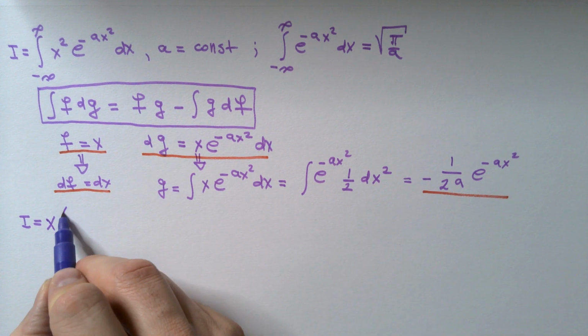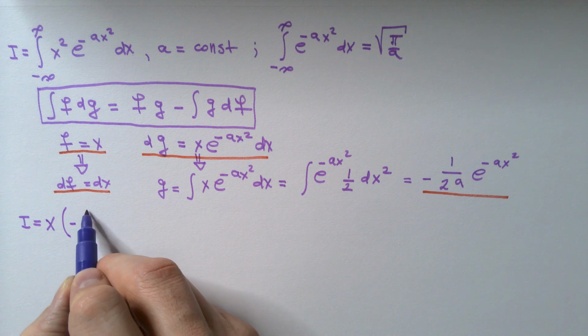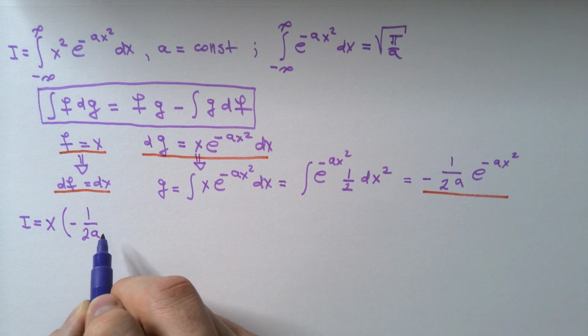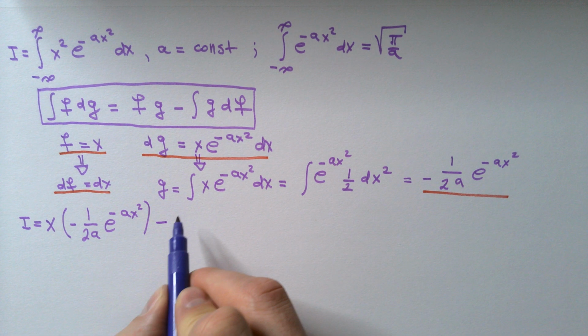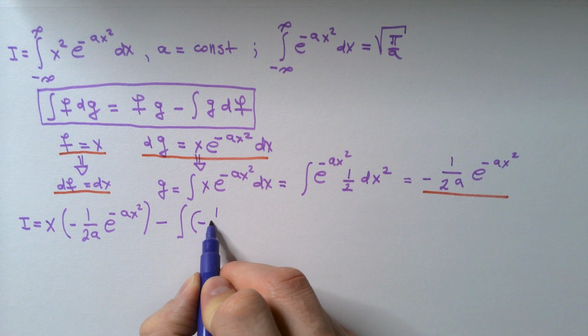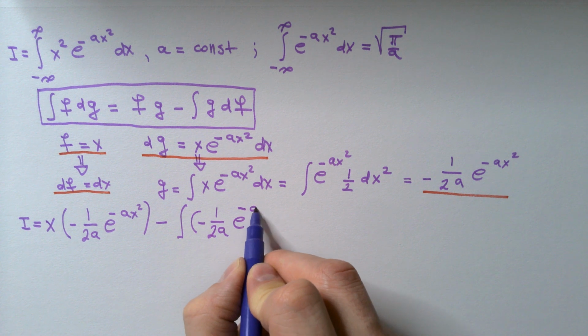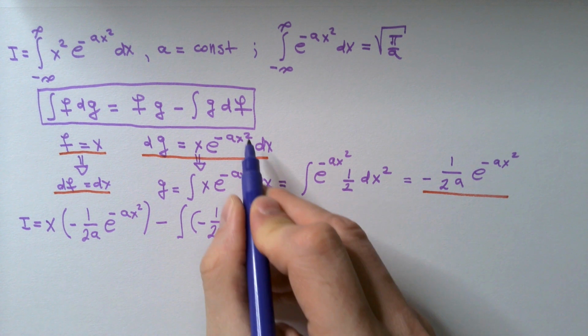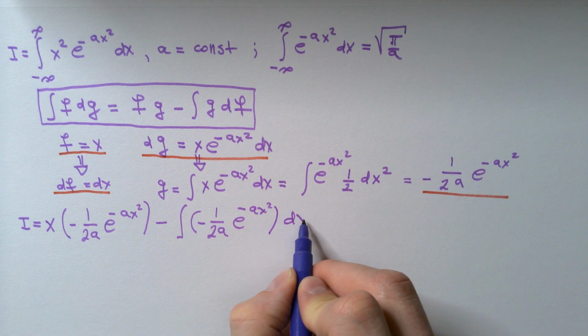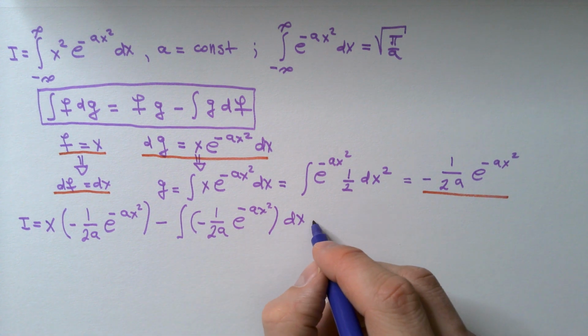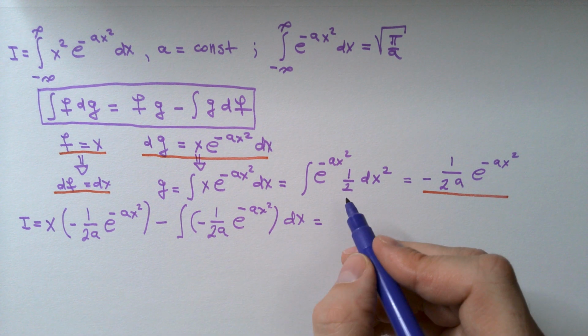G, and g is negative 1 over 2a e to negative ax squared, minus integral g, well, that's again this negative 1 over 2a e to negative ax squared times df. df is dx. Now we can manipulate this a little bit to be in a nicer form.